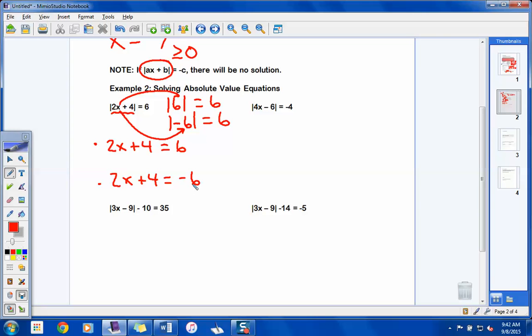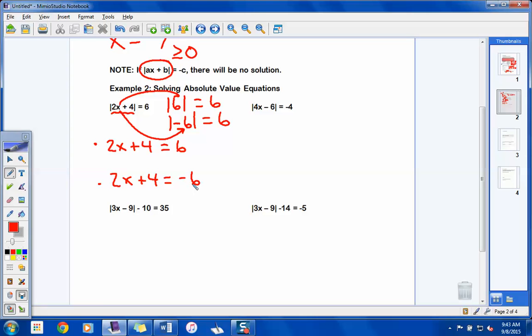This part, the 2x plus 4 inside of here, can equal a value of 6 because the absolute value of 6 is 6. And this part that's inside can also be equal to negative 6 because the absolute value of negative 6 is also 6.